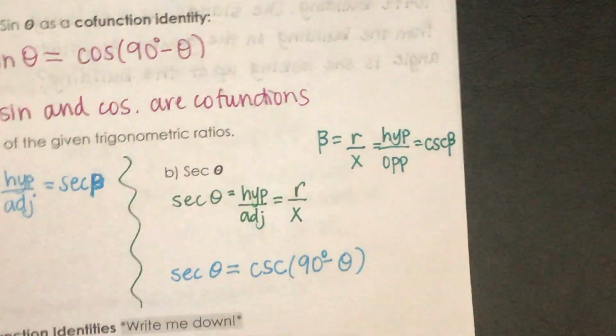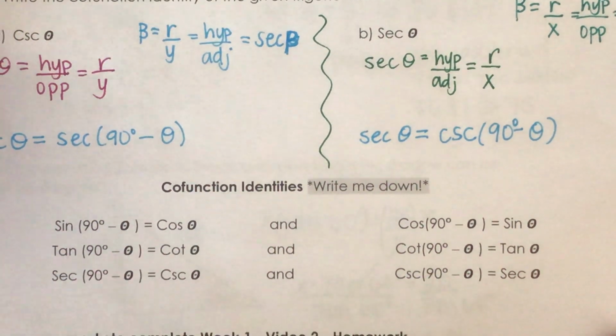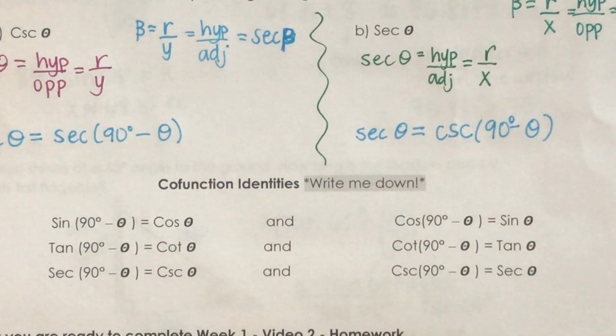So we have 6 cofunction identities. And I'd love for you to take a moment and write those down. You can kind of hear them within the names too, right? Sine and cosine are cofunctions. Tan and cotangent are cofunctions. Secant and cosecant are cofunctions, okay?